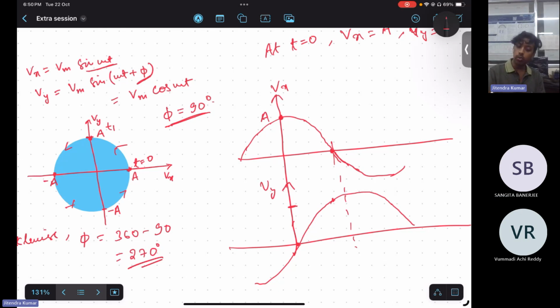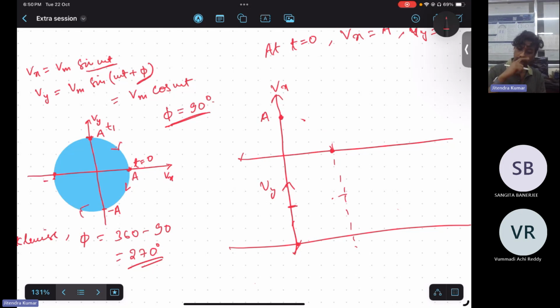And you can perform the same thing for the clockwise direction as well. After this session, you perform the same graphical analysis for clockwise, or let me do it for you here itself. So if it is clockwise, it will be like that.